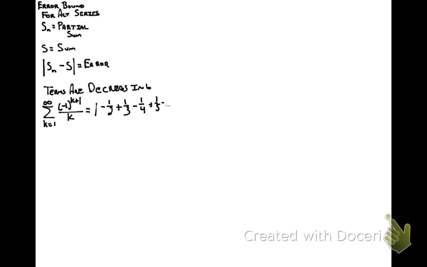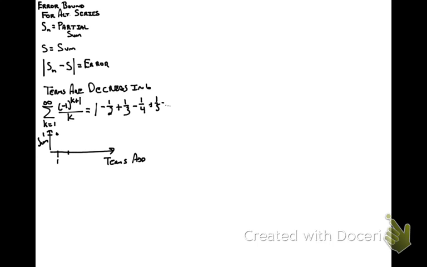Now, if you think about what's happening graphically, we'll say that x is our term number, or terms added, and y is our sum. If we add just the first term, then our sum would be 1.